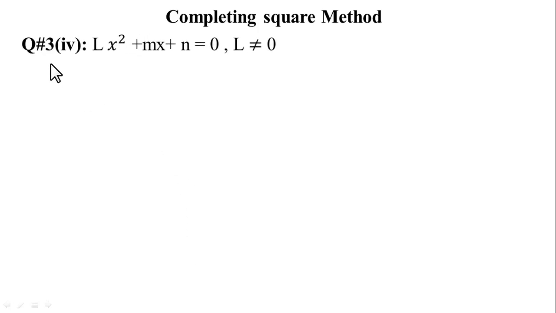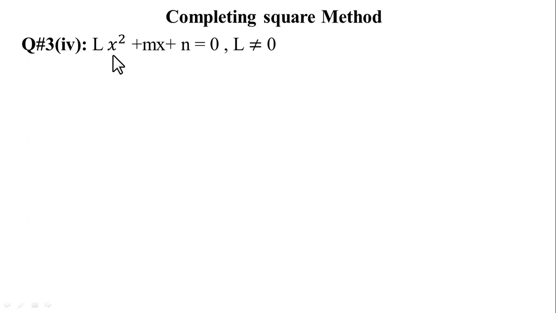Now we are solving by completing square method, question number 3, part 4. In part 4, the given statement is Lx square plus mx plus n is equal to 0.